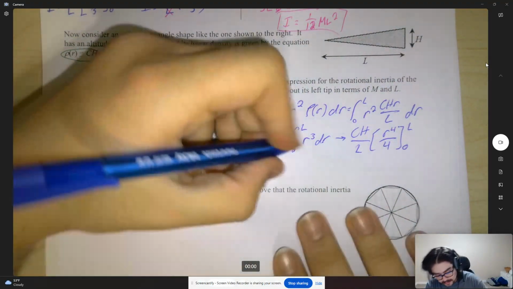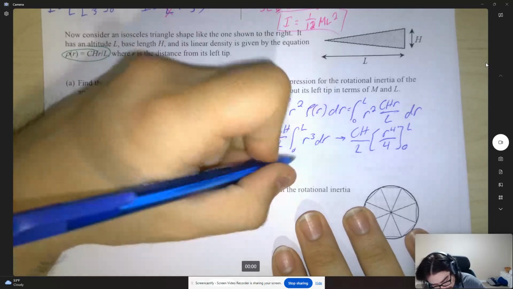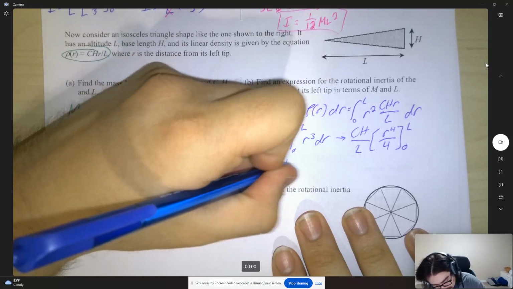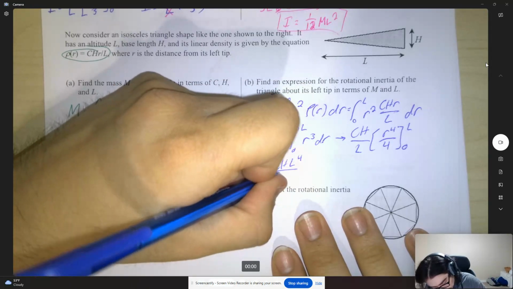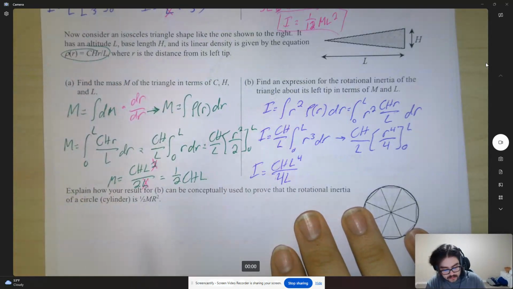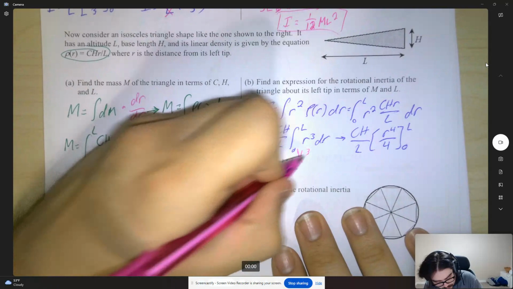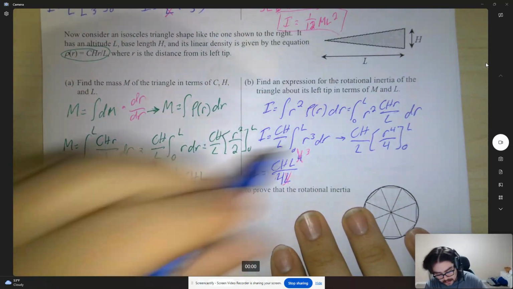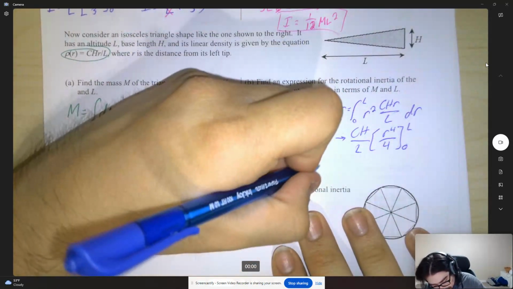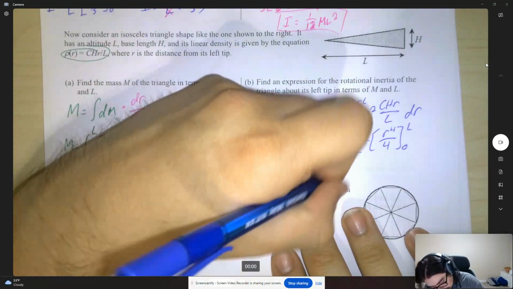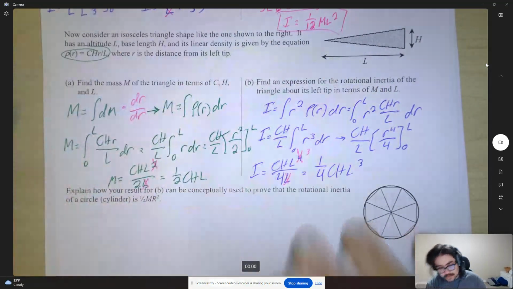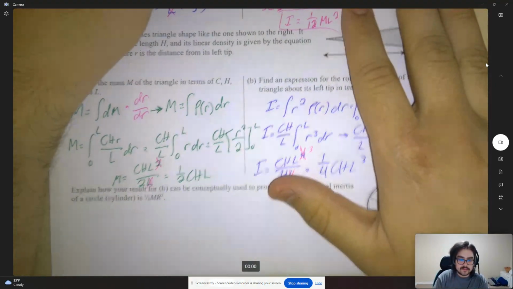So you end up getting I equals CHL to the 4th over 4L. And you'll notice, bring this down to 3, cancel out the L, and you end up getting 1/4 CHL cubed.